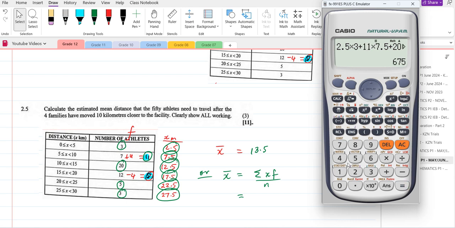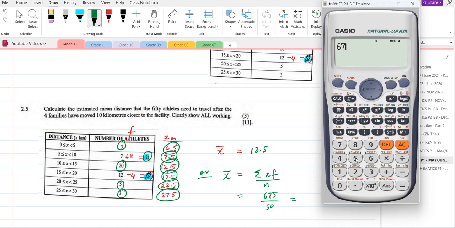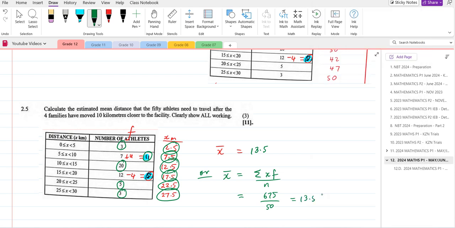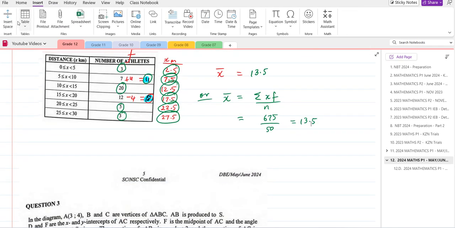Right, so we got 675, and we're going to divide it by the total number of data, which is 50, and let's see what answer we get. We get 675 divided by 50, and I've got 13.5. So both ways is correct. Remember, that's a formula that's given in the formula sheet. Let's continue on to the next question.